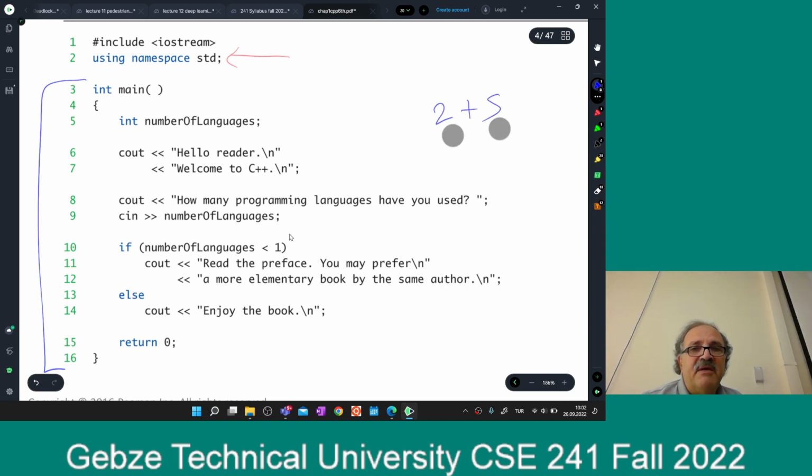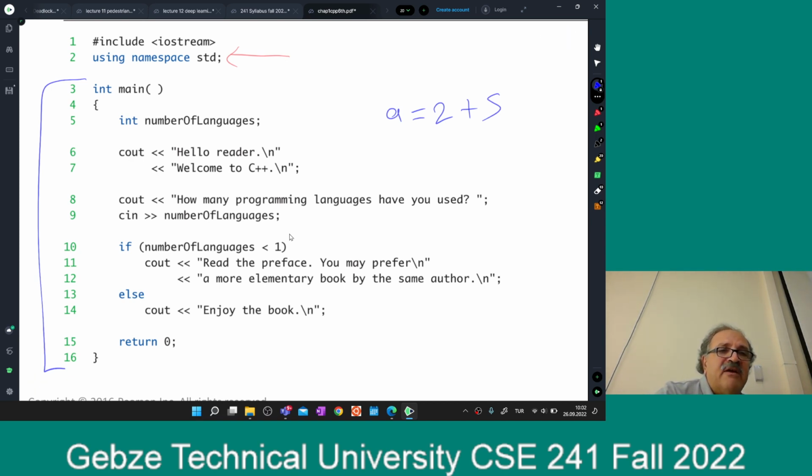It takes two parameters, left and right. It adds them and returns a new integer. And this is an assignment operator. It takes two parameters again, left hand side and right hand side. Whatever I have on the right hand side, I assign to the left hand side. That's why it's called the assignment operator.